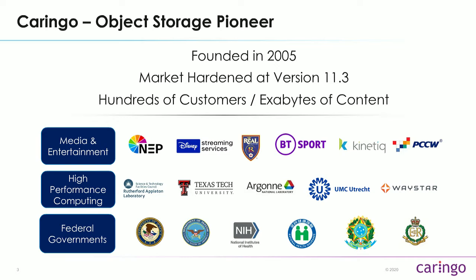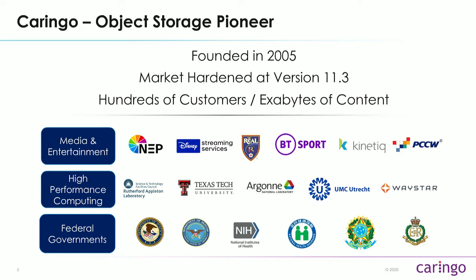Thanks for that, Jose. So moving on to a little more about Caringo. We were founded in 2005 to change the economics of storage, designing software from the ground up to solve issues associated with relentless data growth. The flagship product, Swarm, decouples data from applications and hardware and is a foundation for continued data access and analysis, with software that stays the same but hardware that keeps changing, guaranteeing data integrity.